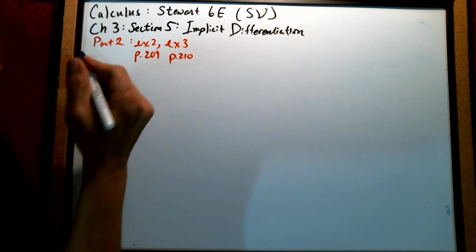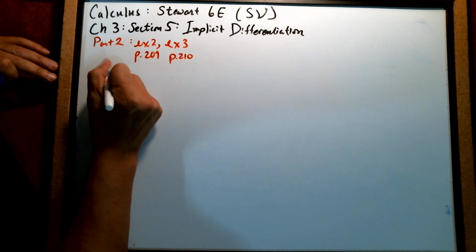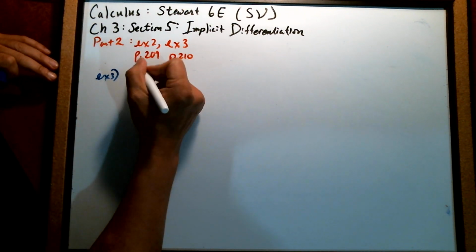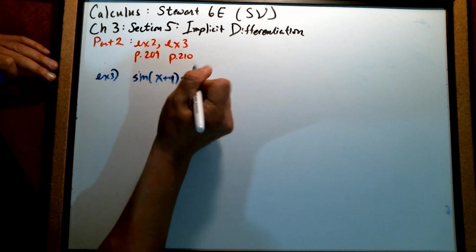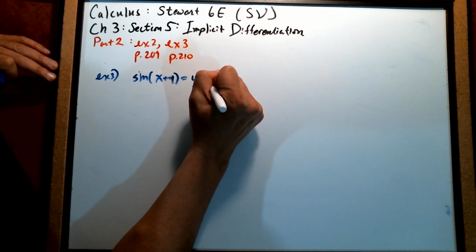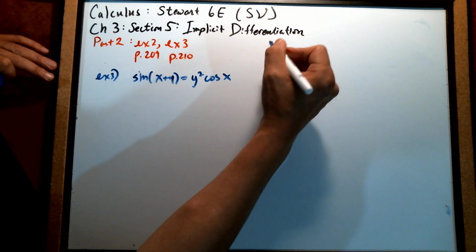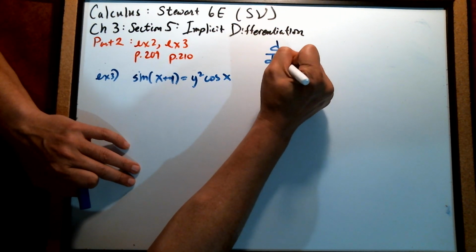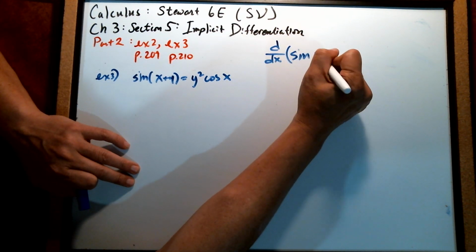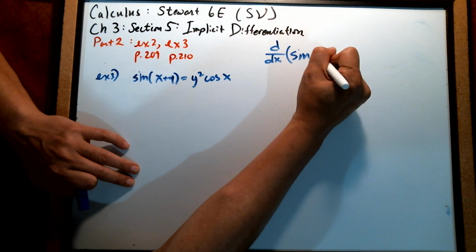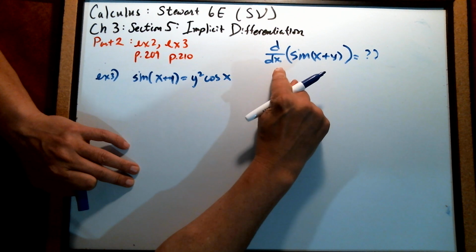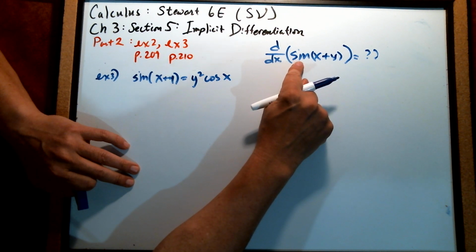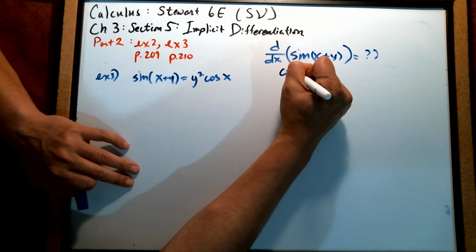I'm going to go really fast on example 3 this time. So you have sine of x plus y is equal to y squared cosine of x. What's the derivative with respect to x of sine of x plus y? Well, we take the derivative of the outside function, which is the sine, and the derivative of sine is just going to be cosine.